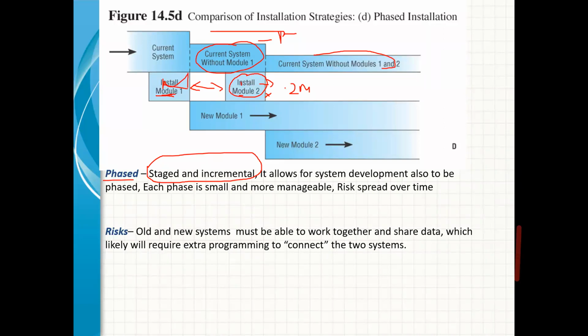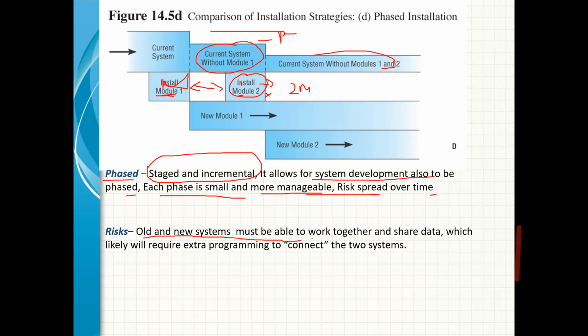You can go like this, one module at a time, and this is what you call the phased approach. It allows the development also to be phased. Each phase is small and more manageable, and the risk is spread over time. So what are the risks?